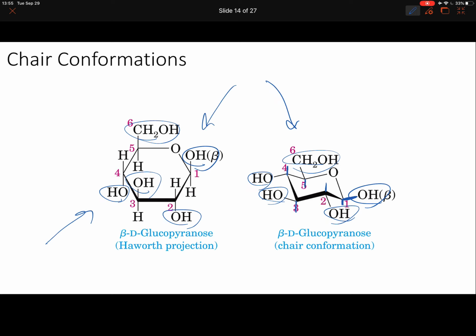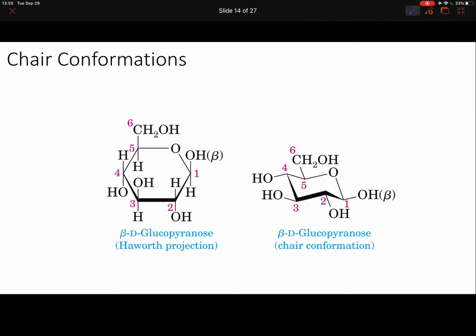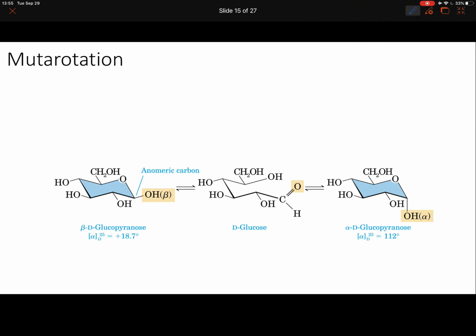And then all the other ones are sticking out to the side. This OH is sticking out to the side. But when we compare these two positions, there's an up and a down, and this OH is on the down. And on the number 2 carbon over here, it's also on the down. So all I'm trying to say is that they're the same. Doesn't matter which conformation we look at, we're going to have the same info.